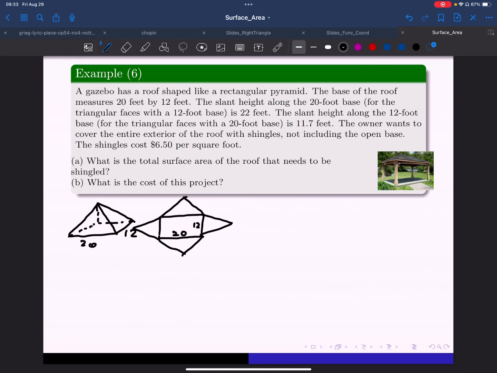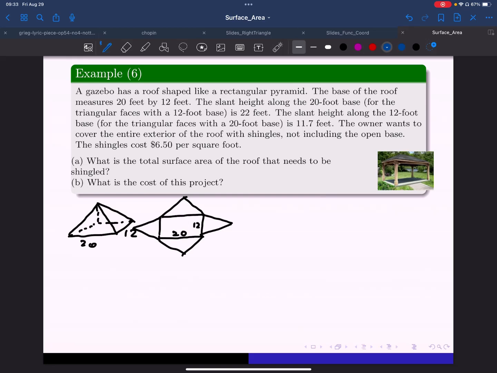So the slant height would be right here. That would be this height and also this height right here, right? So this is one of the heights, and this is the slant height right here.